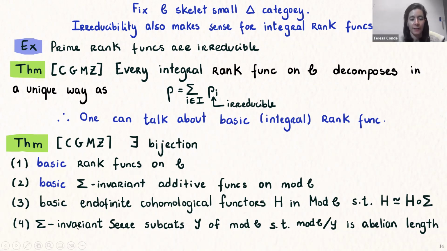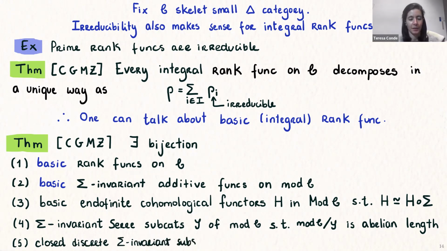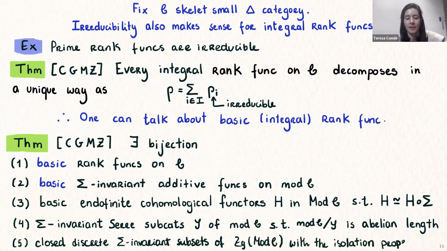And hereby sigma invariant Serre subcategory, I just mean a Serre subcategory which is closed under the action of the induced translation functor sigma star that we have introduced before. And lastly, as expected, these items are also in bijection with the closed, now sigma invariant, subsets of the Ziegler spectrum of B mod C that satisfy the isolation property as stated before.